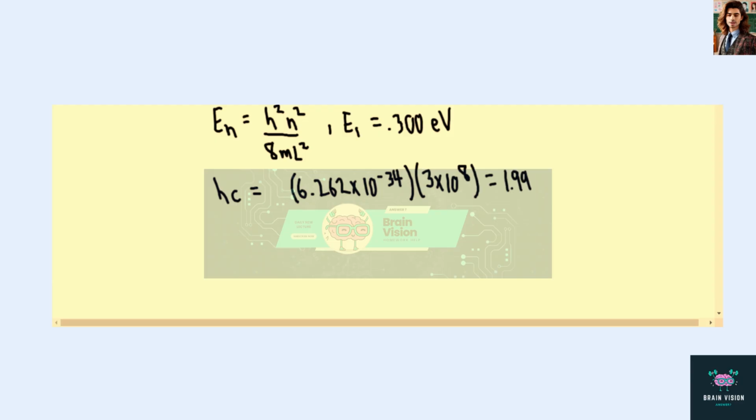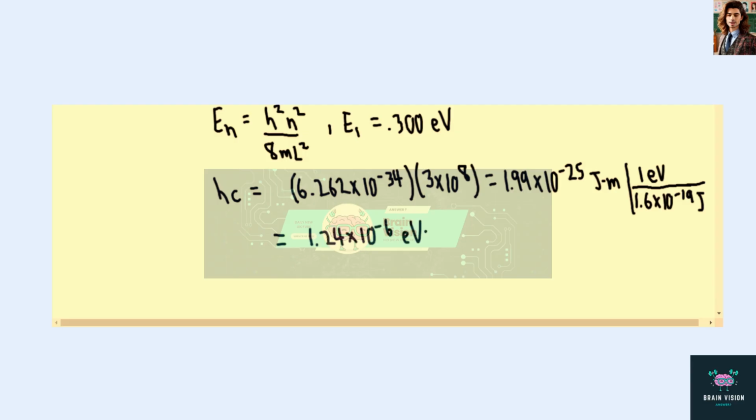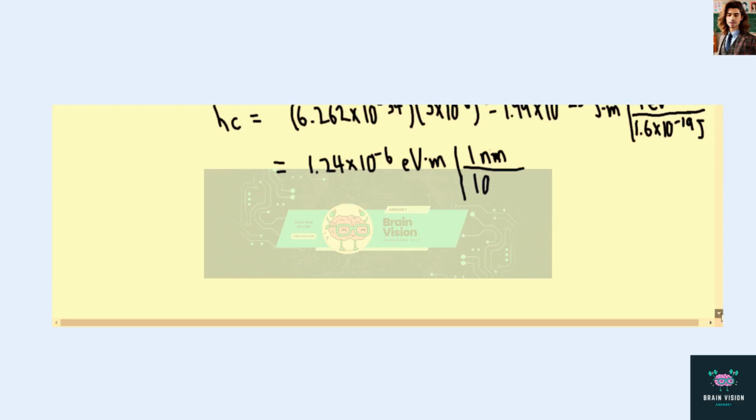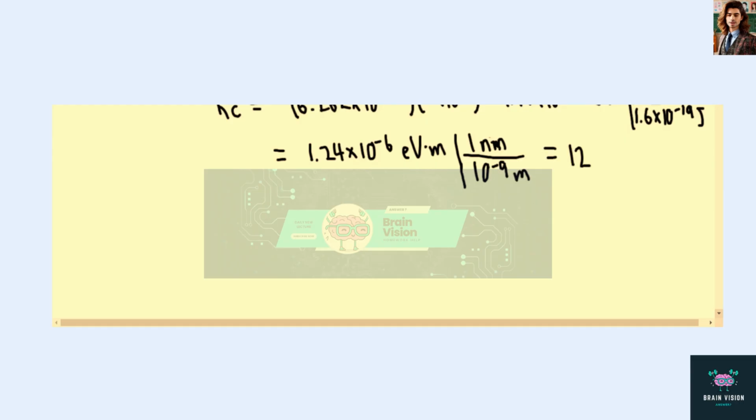We multiply these two constants and get an answer in joule meters, but then we convert the joules to electron volts, and we get 1.24 times 10 to the minus 6 electron volt meters. Then we convert that to nanometers as well, so that will be in electron volt nanometers. This just makes the calculations a lot easier. So we finally obtain 1,240 electron volt nanometers.